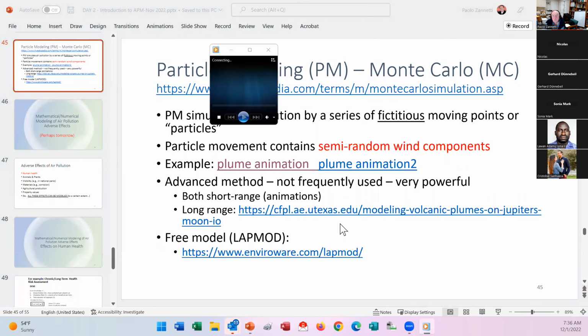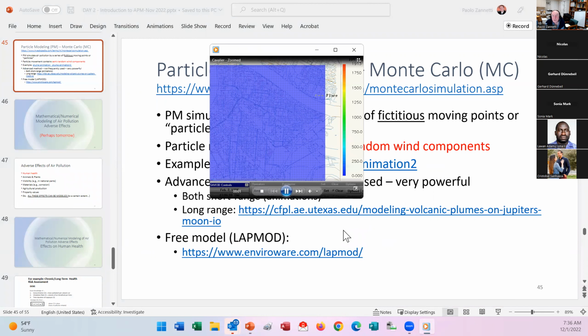is shown here. This was my first animation, and this is the flare, and you are going to see a color-coded concentration here. The clock is running. Now is 4 a.m. We have an initial plume.